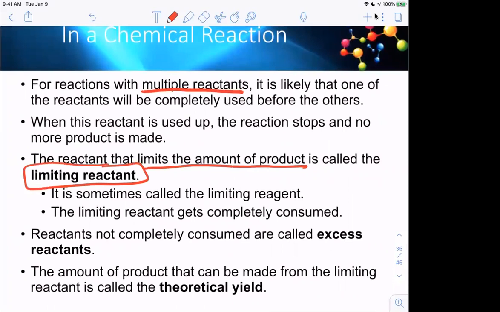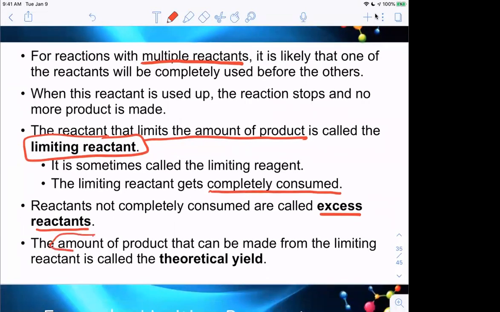It could also be called the limiting reactant. It gets completely consumed. So at the end of the reaction, I have zero left of that limiting reactant. Reactants that are not completely consumed are called excess reactants or excess reagents.